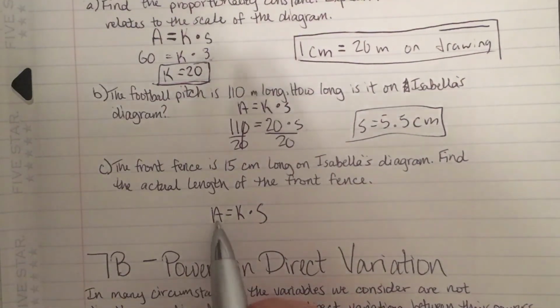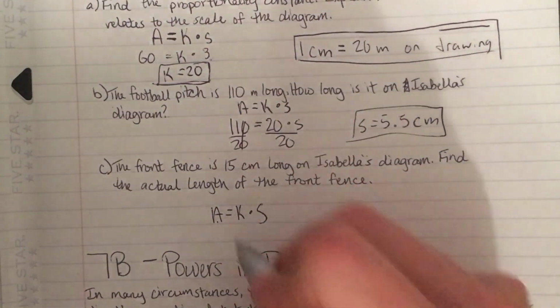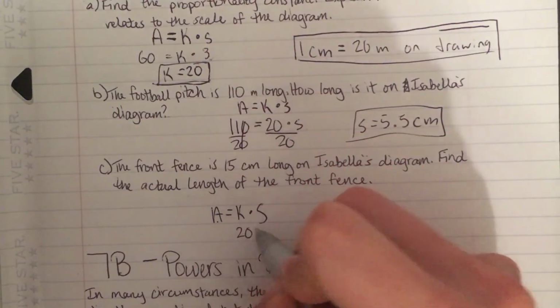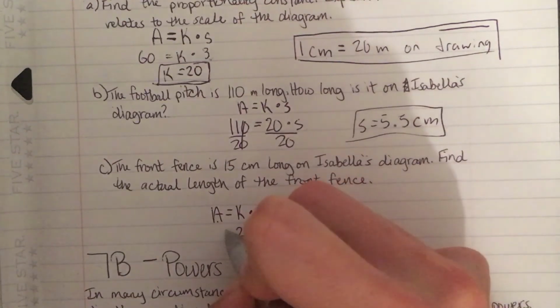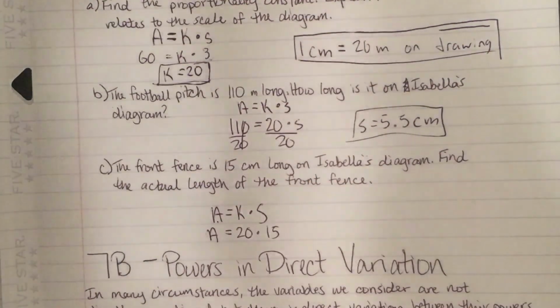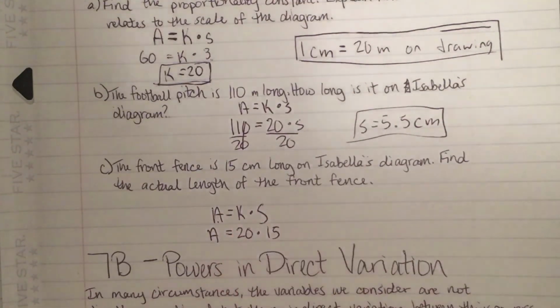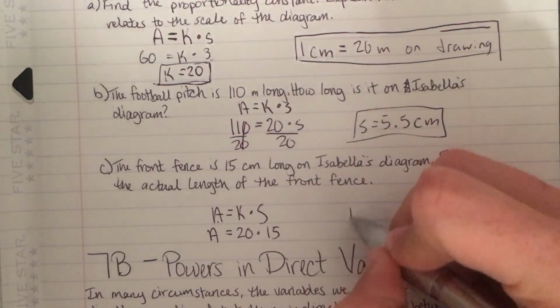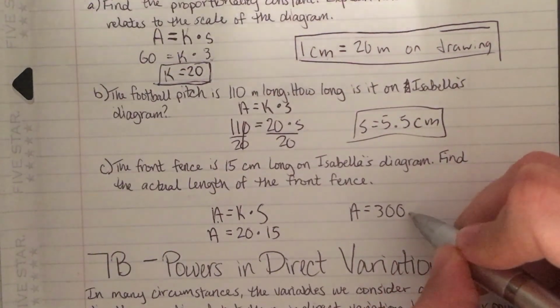We want to know what the actual length is, so we're going to leave A as it is. We know K here is 20, and we know the scale length is 15. So we're going to multiply those two things together. So we've got A equals K times S. So the actual here is going to be 300 meters.